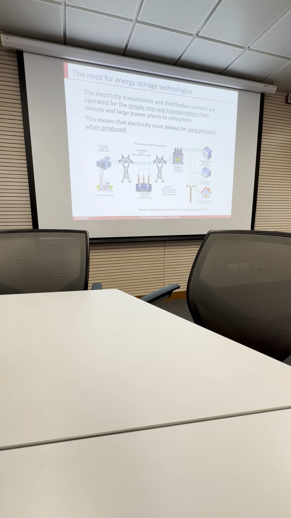Okay. So that's why if the PV panels and the wind turbines generate power that we cannot use directly, it will be wasted or curtailed, for the wind power or for the solar power.